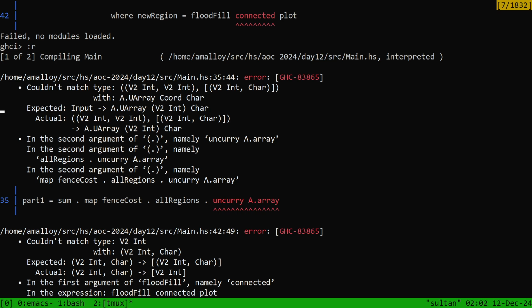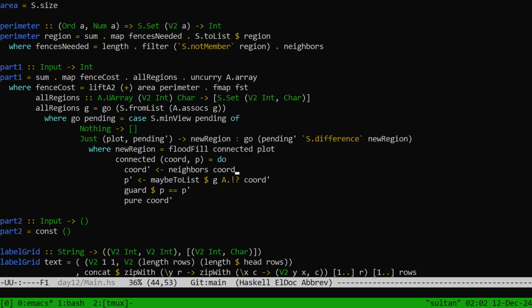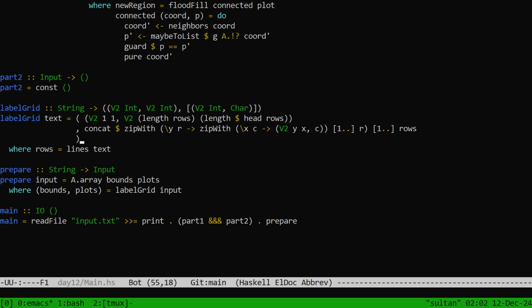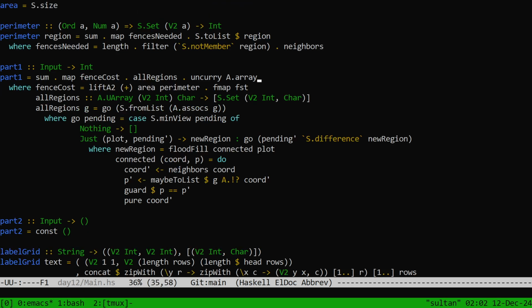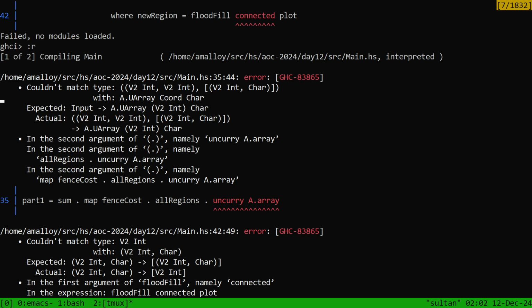So you found a function that turns an input. Oh, wait a minute. What is my input exactly? I've already made the array here. Okay, I got confused somehow. I think I can do that. I was thinking this was the result of labelGrid, but it's not. It's the result of prepare. But I've already built the array. Okay. Progress? Question mark?